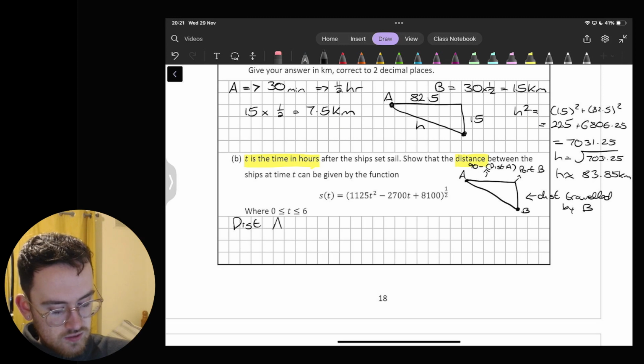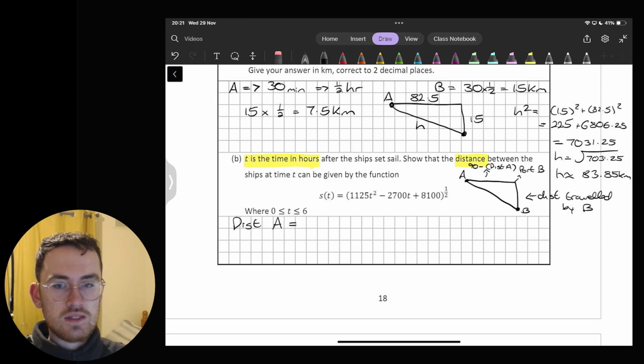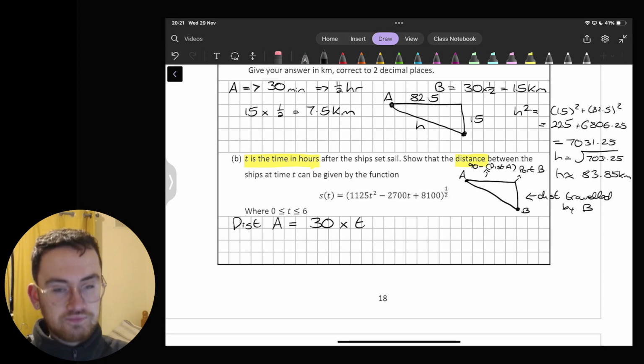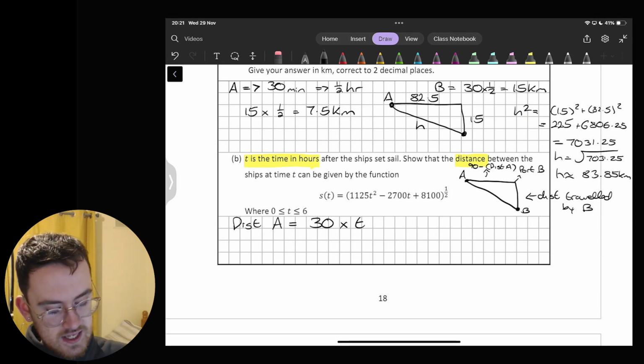So the distance traveled by A: distance is speed multiplied by time. Assuming t is in hours, then the distance traveled by A is 15t, since A is going at 15.